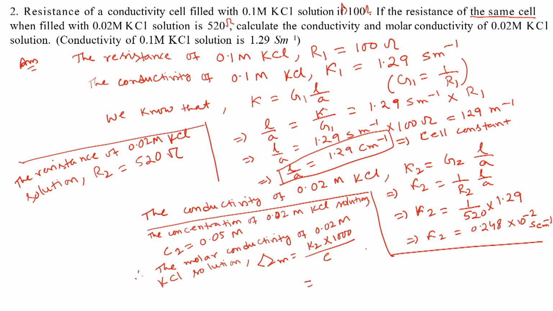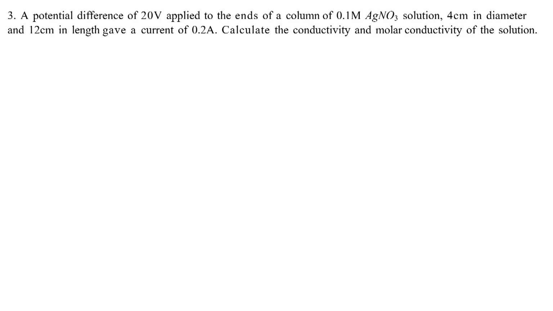The value of kappa 2 we already calculated, 0.248 times 10 to the minus 2, and the value of C2 is 0.05. If we calculate this, we get 124 S centimeter squared mole inverse. So this is problem number 2. Next we move to problem number 3.